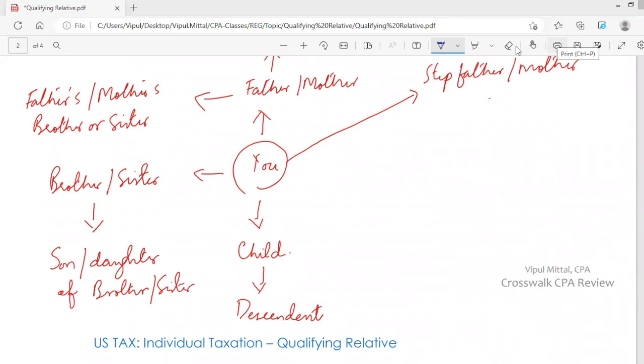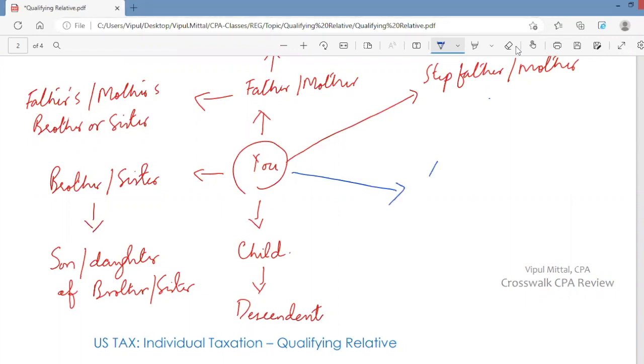Now let's talk about your in-laws. They may also be claimed as your qualifying relative. So you may claim your son-in-law, daughter-in-law as your qualifying relative.